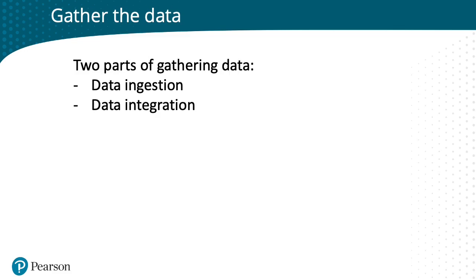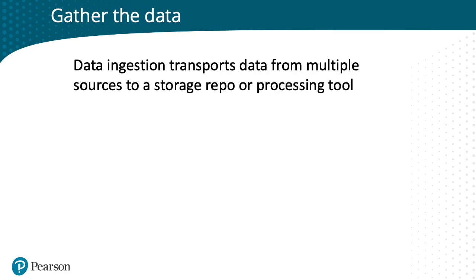And I kind of mentioned data ingestion back there. So there's two parts of data gathering. You have your data ingestion and then you have data integration. So when we talk about data ingestion, that's when we get the data from all of those different sources and we put it in some type of central location or a storage repo so that we know we have all of the data we need in one place, which will make it way more efficient for us to work with.